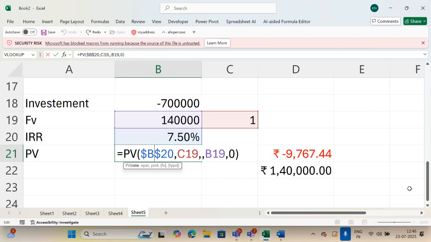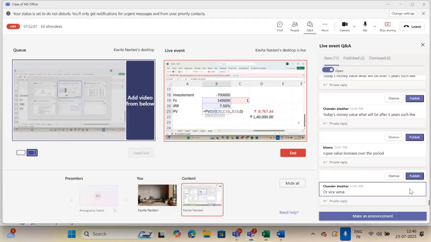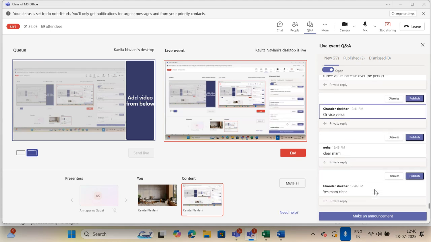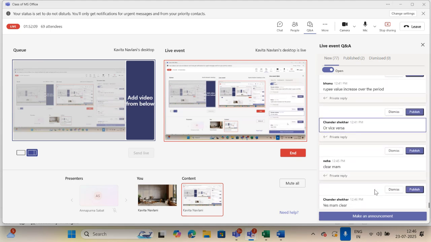Should I move to the next? Does anybody have any doubt related to these calculations, whatever we completed till date? जो भी अभी तक हमने मॉर्निंग से अभी तक किया है, सबको समझ में आया?